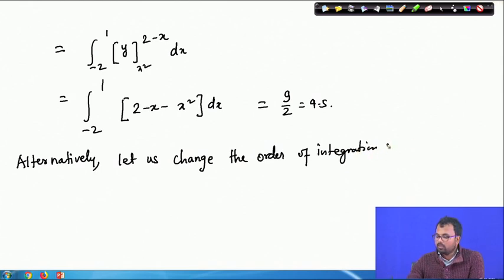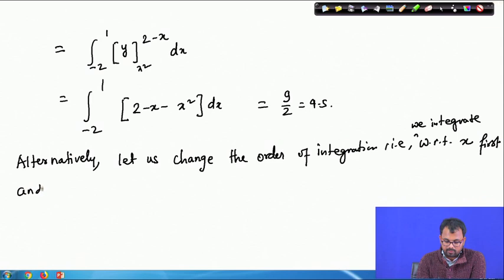That means we integrate with respect to x first, and then with respect to y. So what will happen is the following.